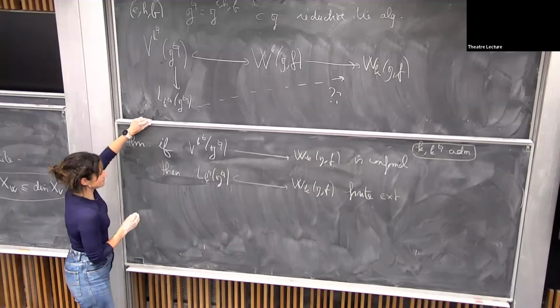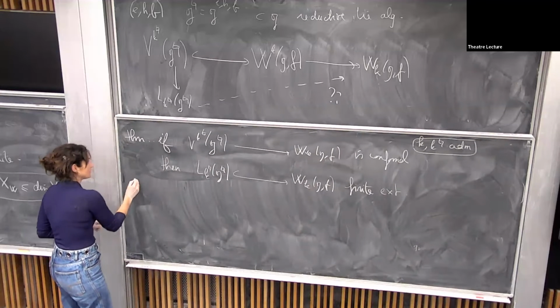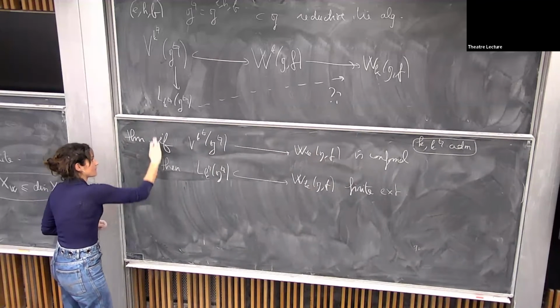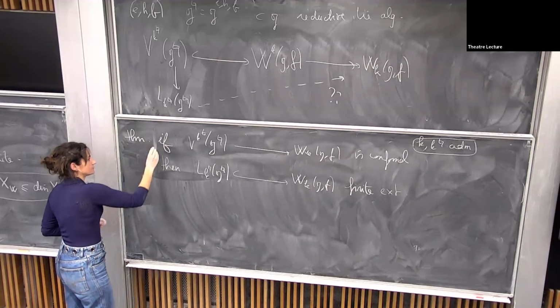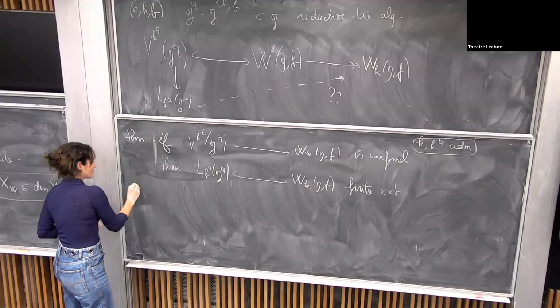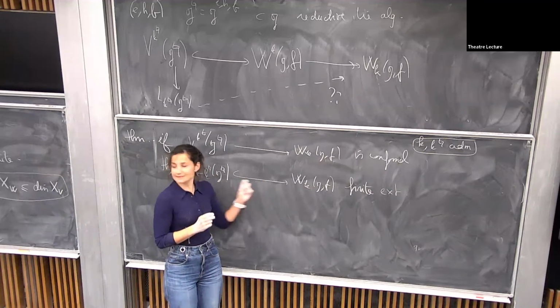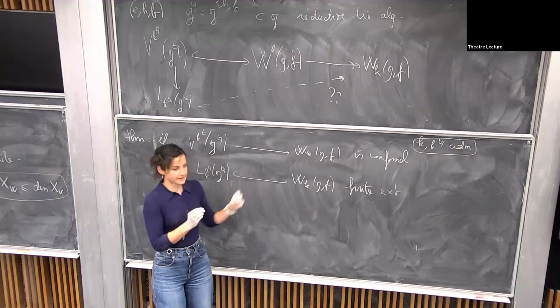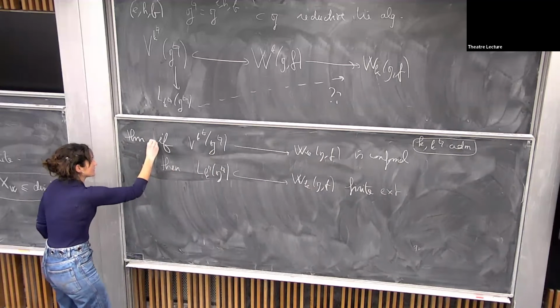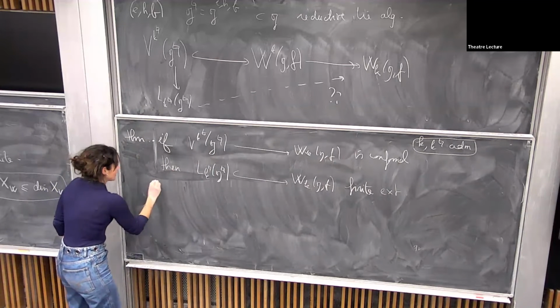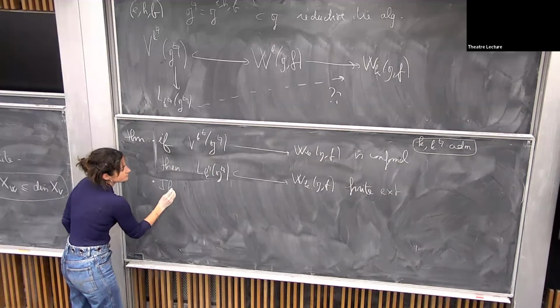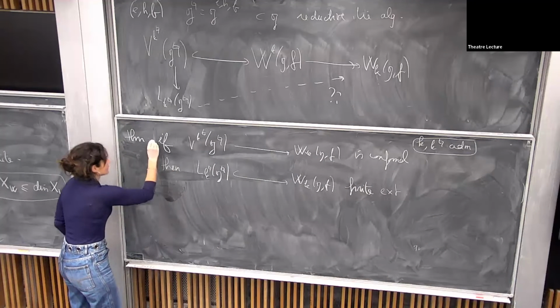And in fact, what I want to say more is that we also have a criterion to say when this is exactly isomorphic to that. Maybe I say the same theorem. So this is the first part.